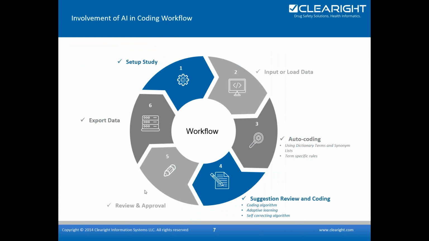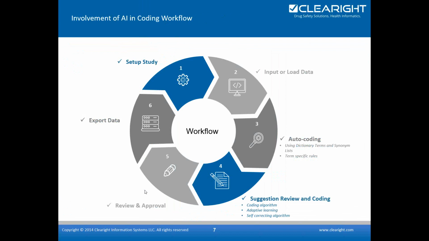Such auto coding can be further enhanced and categorized by using term-specific rules. The company-specific coding conventions can be converted into term-specific rules within the coding algorithm. Term-specific rules increase the auto-coding hit and improve the results of machine learning.